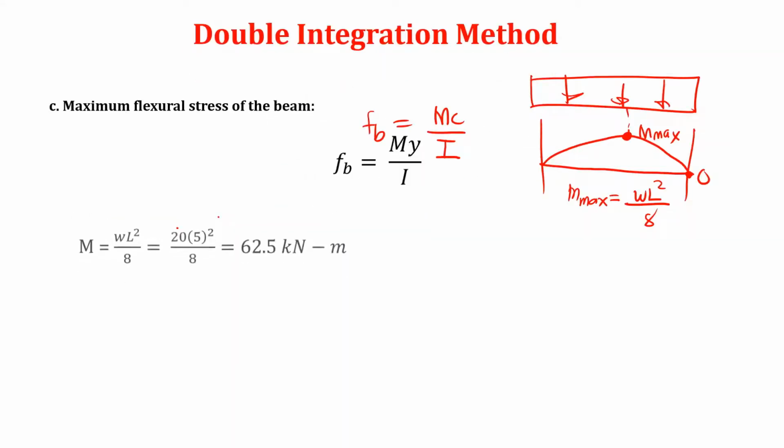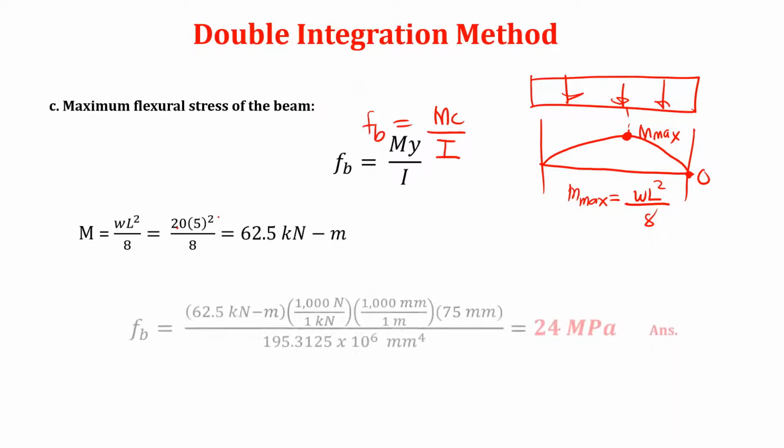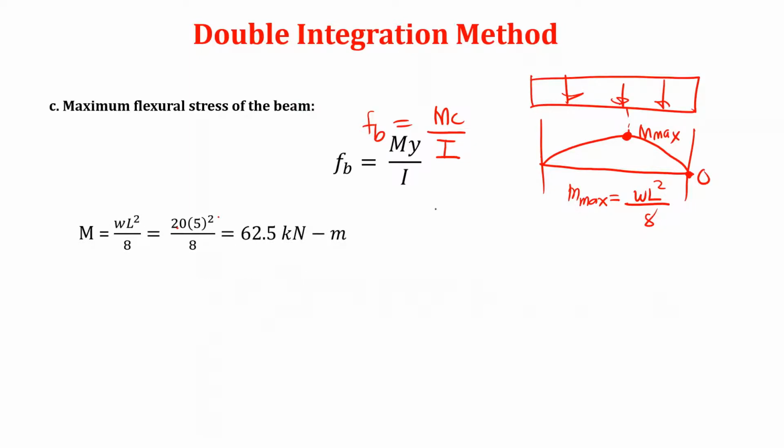Okay, now we go to y. The y is the distance from the neutral axis to the top or bottom. The neutral axis is at the middle. The total height is 250, so y is half of 250. Okay?